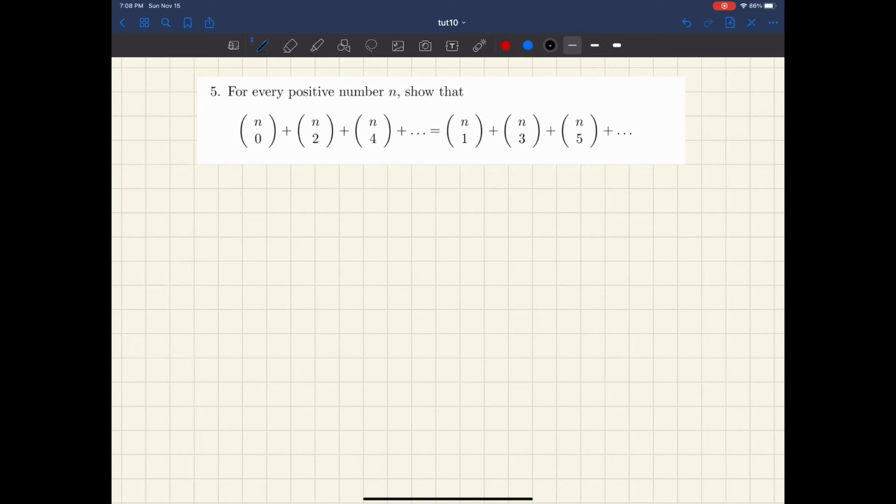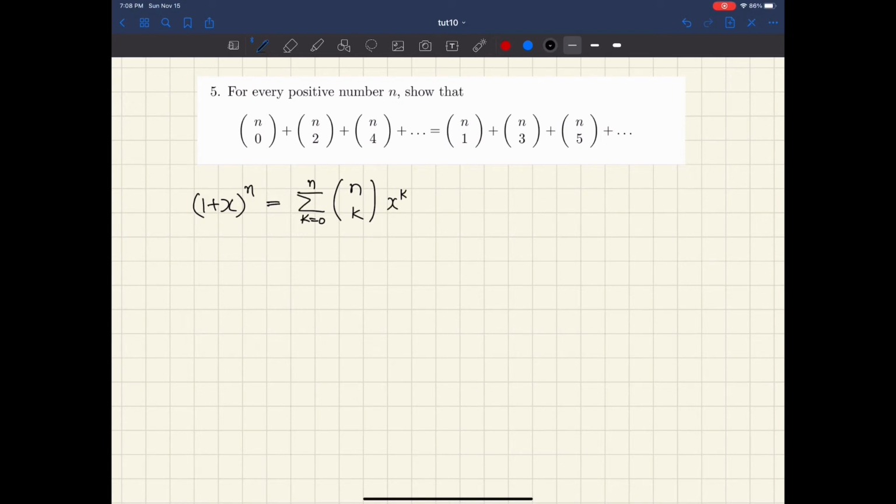Now, for this problem, we have to show nC0 plus nC2 plus nC4, and so on, is equal to nC1 plus nC3 plus nC5. Now again, let's start with the expansion of (1 plus x) to the power n, which is the summation k from 0 to n, nCk x to the power k.